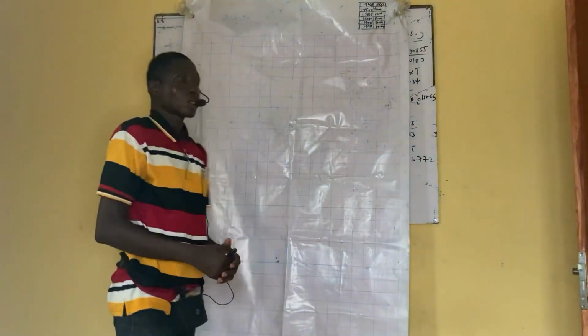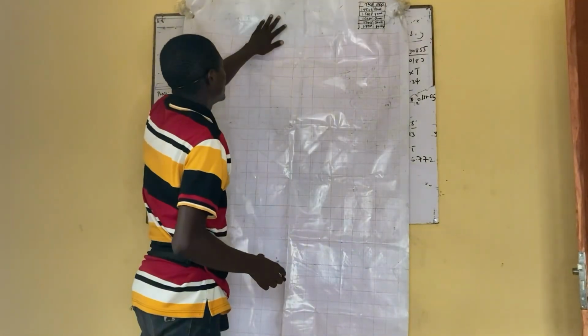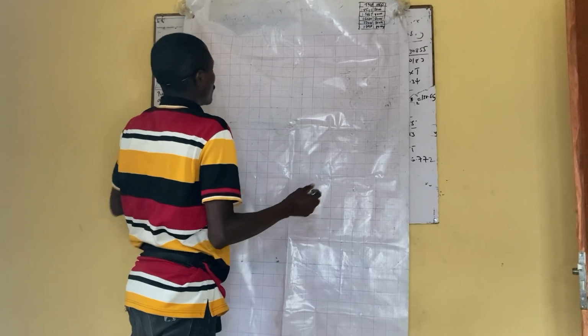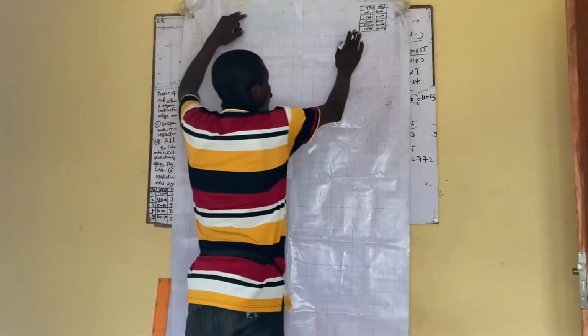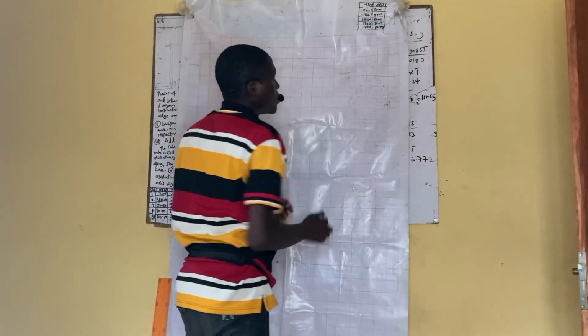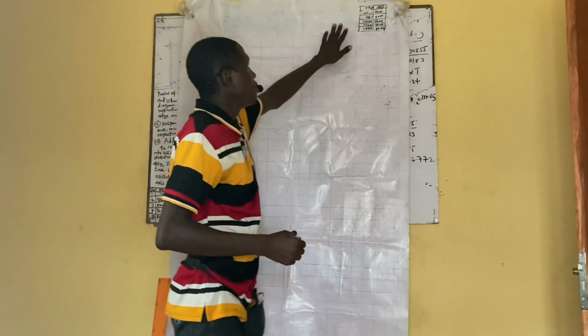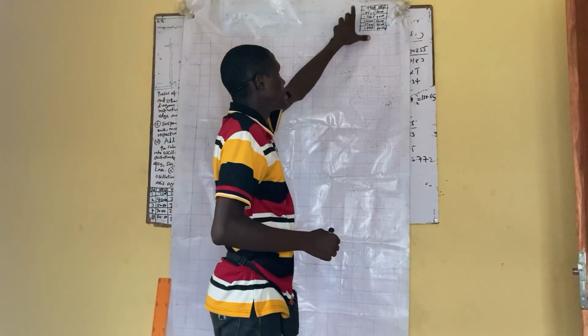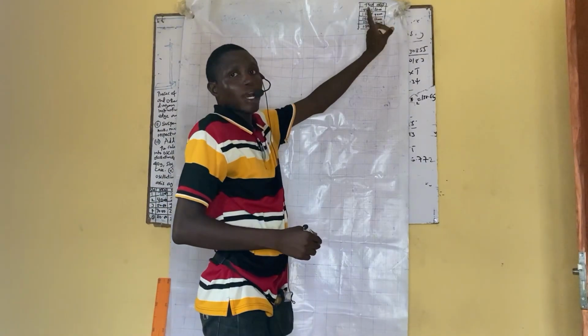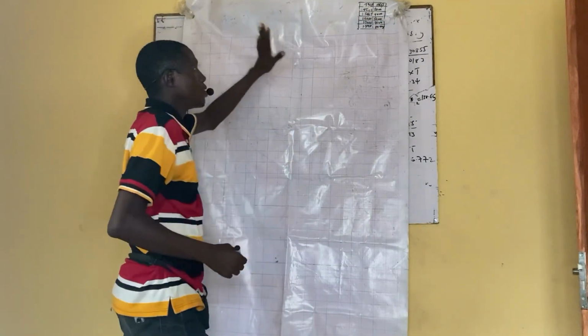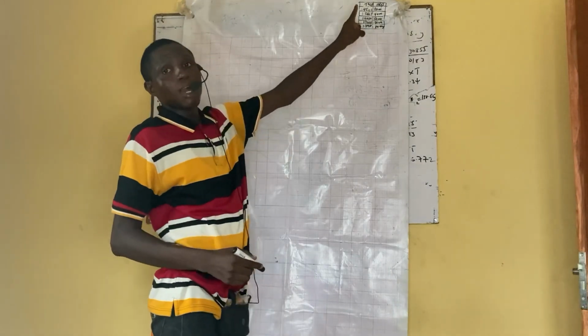So let's quickly plot the graph now. Now here is our graph paper. I've written out the table of values obtained for our readings. This is the t-square and m. We are asked to plot a graph of t-square on the vertical axis and m on the horizontal axis.